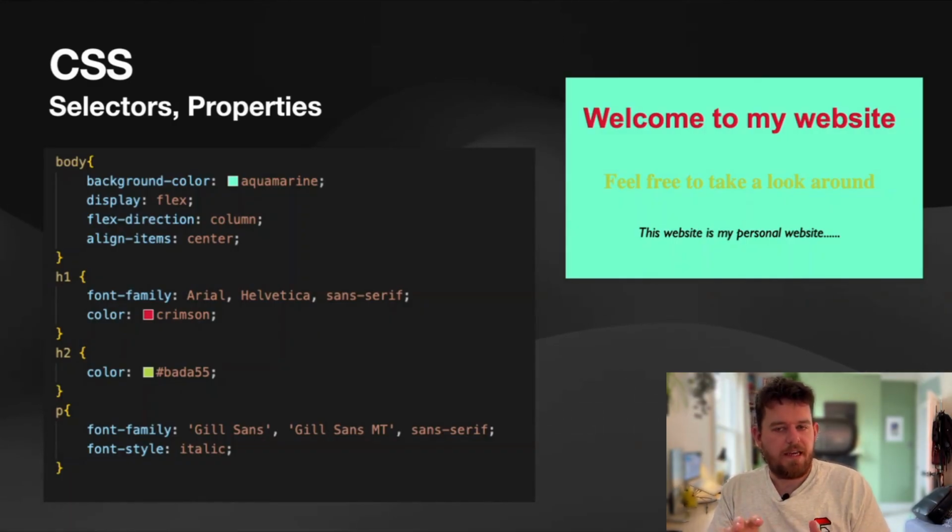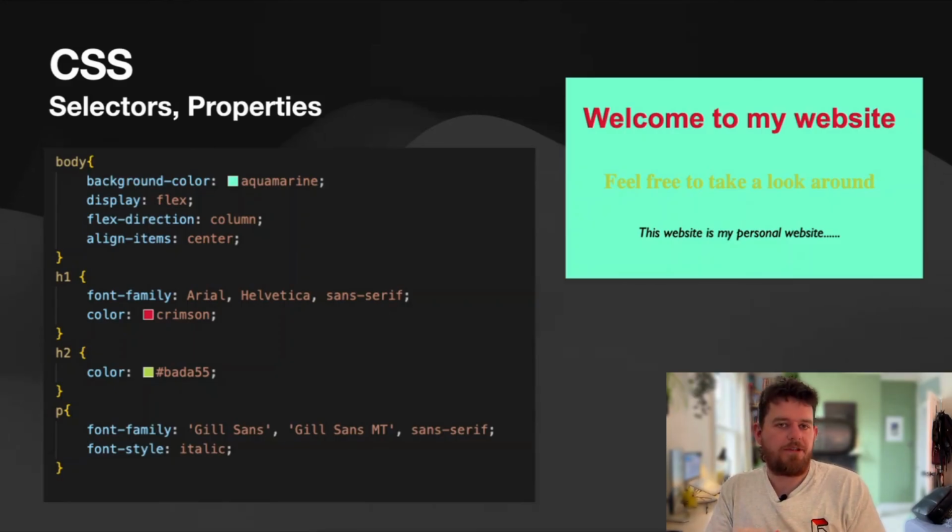We've also said our H1, our main heading, we want that to be in the font Arial. Well, what are the other 2 then? Well, you can't always guarantee exactly which fonts your user is going to have available to them. So we add fallback fonts.